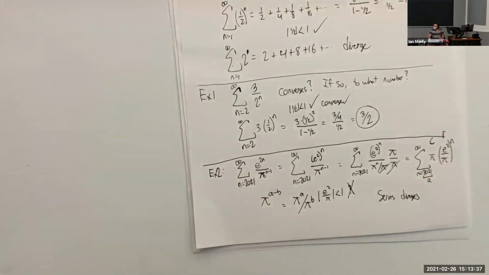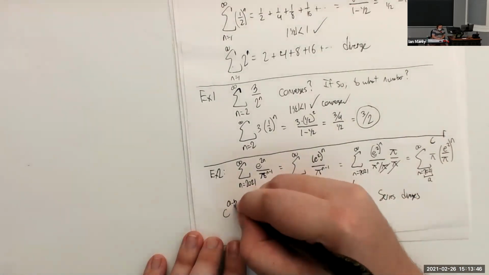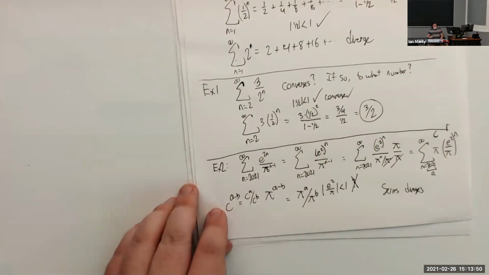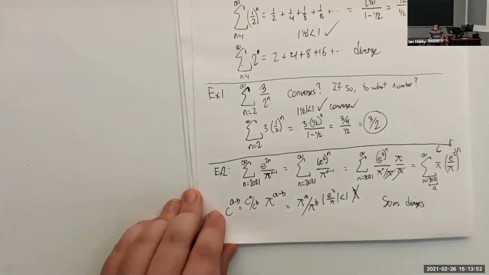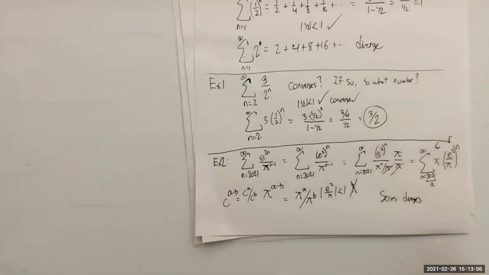Does that a minus b work for all exponents? Yeah, that's right. It works for any. So it doesn't need to be pi. We could have c to the a minus b is c to the a over c to the b like that. Another quick question. You have e squared to the nth over pi to the nth.